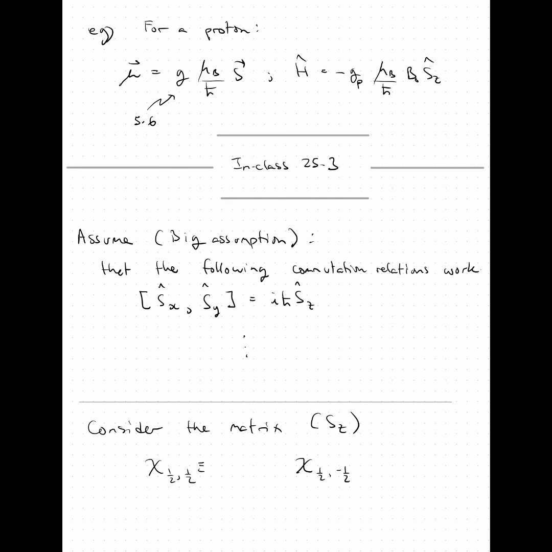Let's define chi plus for the plus half and chi minus for the minus half, just to make notation a little bit less tedious. Chi plus is defined to be the eigenvector 1, 0, and chi minus is defined to be the eigenvector 0, 1.